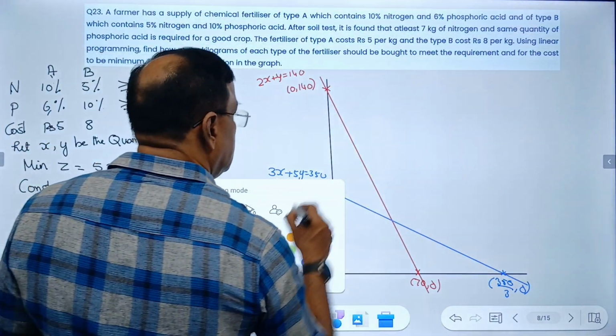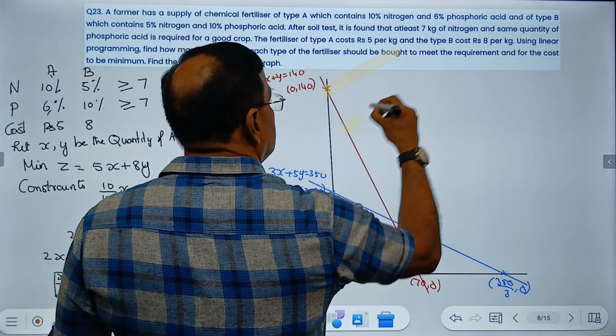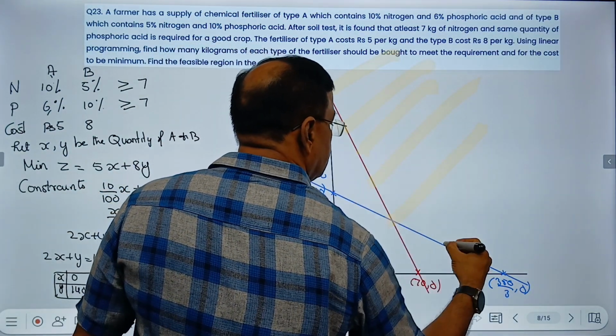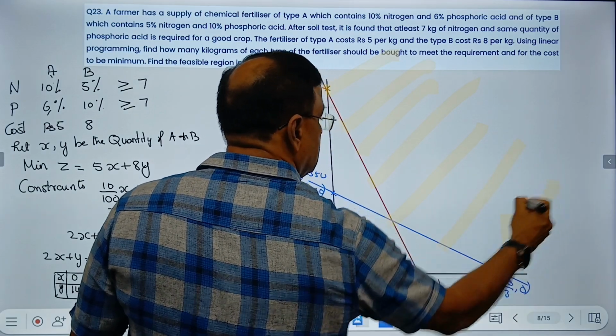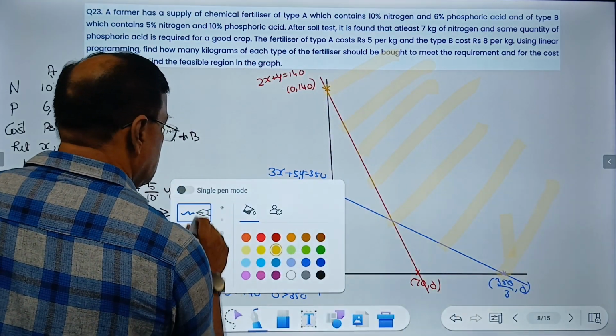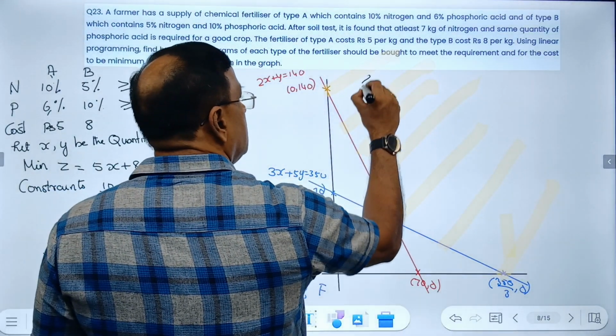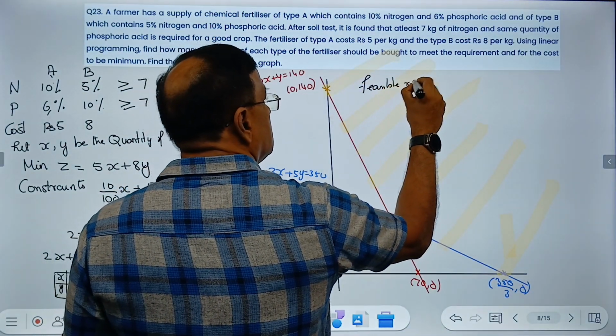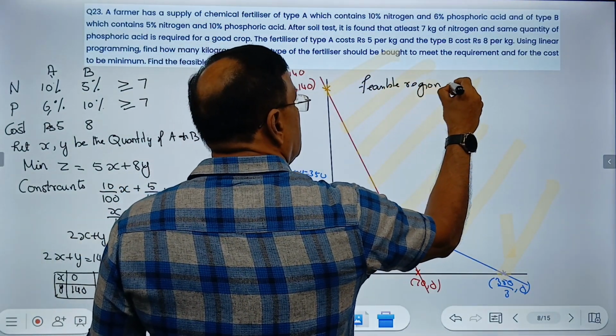Let me shade that. This is the feasible region. What is the feasible region here? This is unbounded. You can say the feasible region is unbounded.